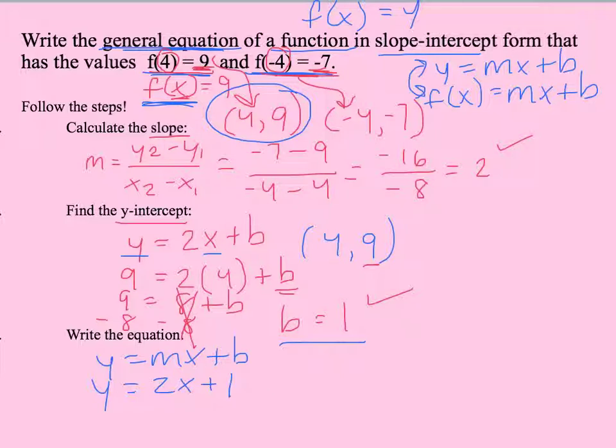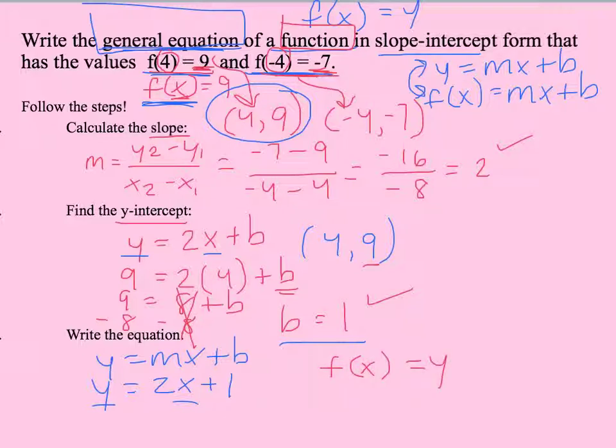So this is called the general form of an equation. Remember, that was part of the question up here. It says general equation, because it still has y and x, so we can substitute values in and solve for the points. It does ask us to put our answer as a function. So remember, we said f of x is equal to y.